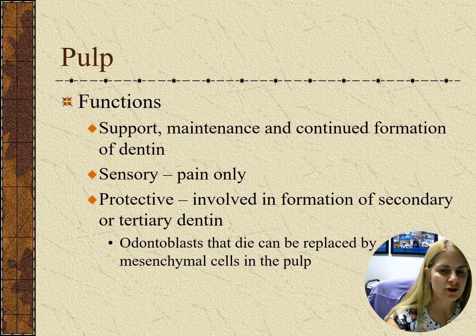And then we get into the protective stage where, in response to stimuli, sclerotic dentin is formed and deposited in the minerals in the dentin tubules. And then we have the reparative part where, through response to trauma or caries, the pulp forms reparative dentin to protect the pulp.